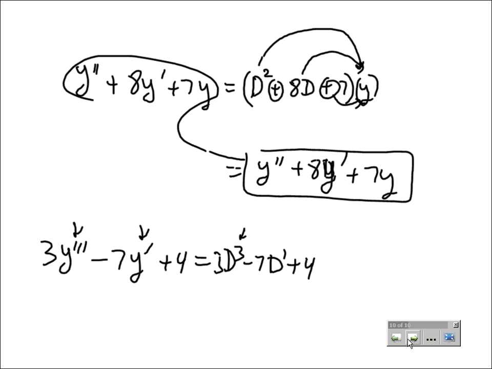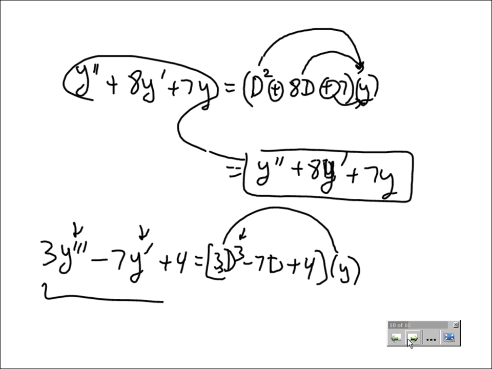And you don't have to put the 1, okay? If you operate this on y, you get this back: 3 times the third derivative of y, minus 7 times the derivative of y, plus 4 times y. Okay, this should say 4y, excuse me.